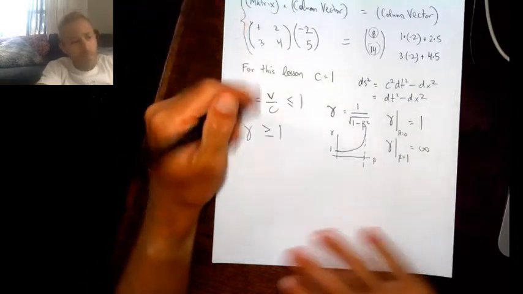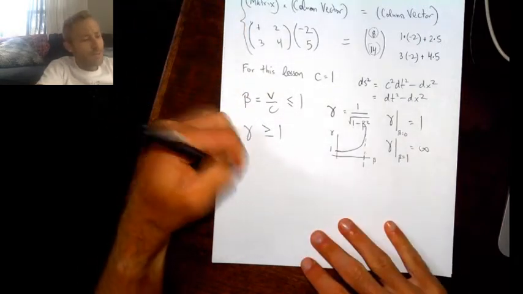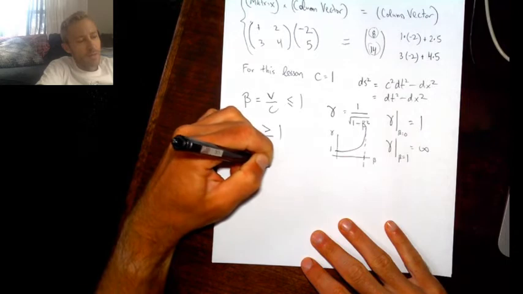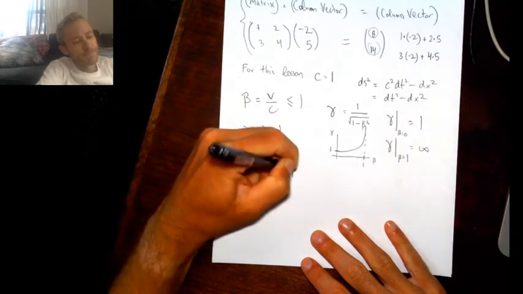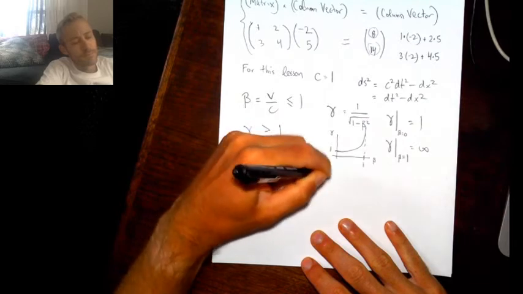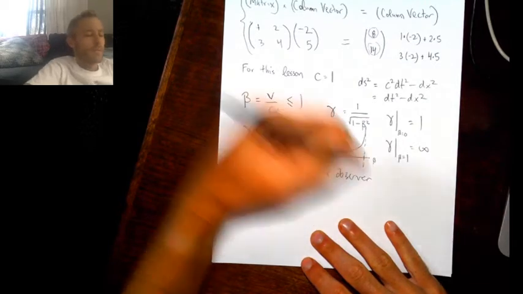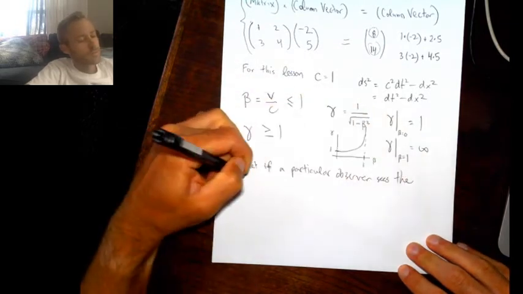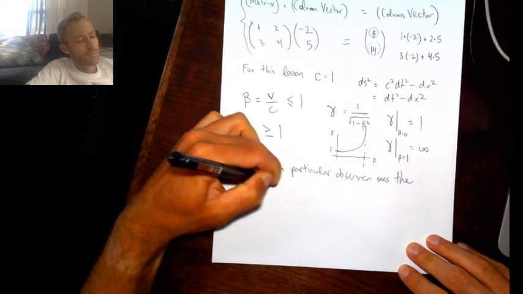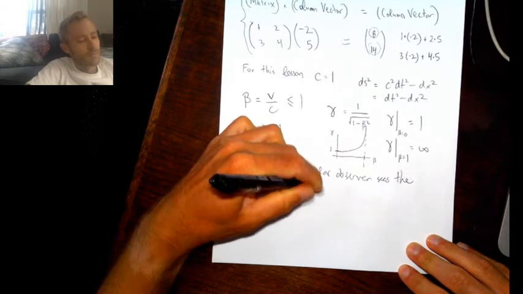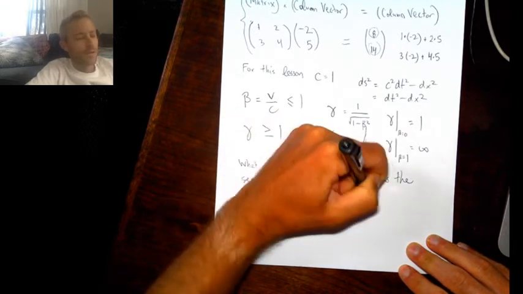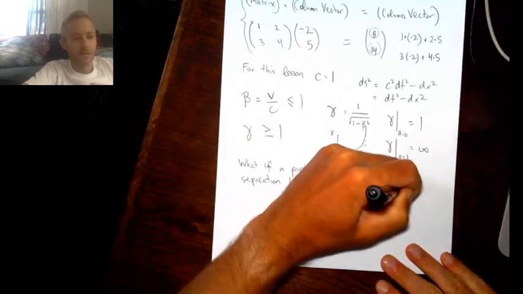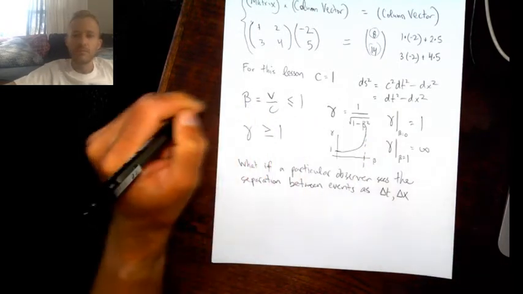So, what if a particular observer sees the separation between events as delta t and delta x.